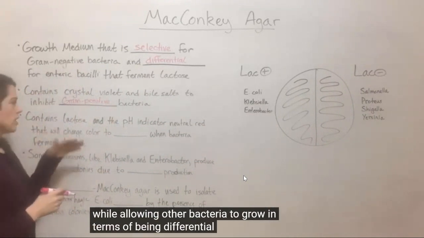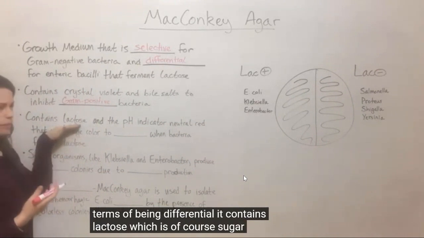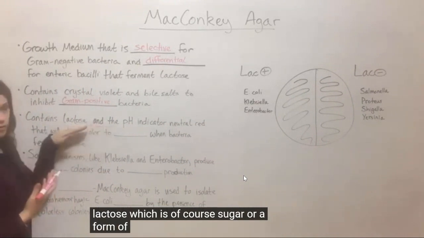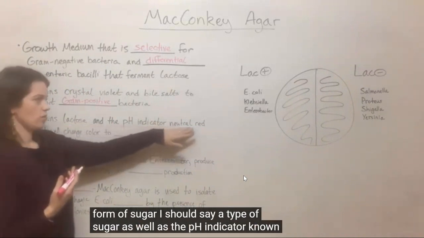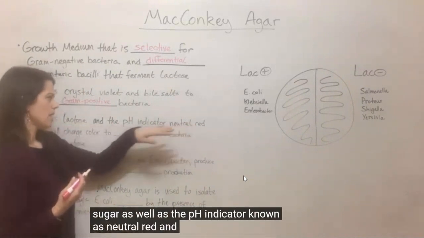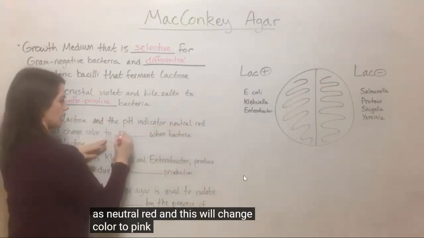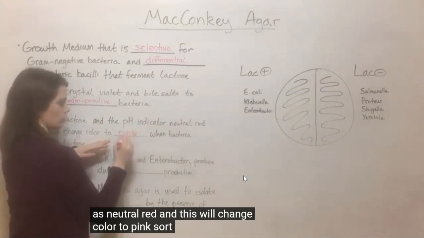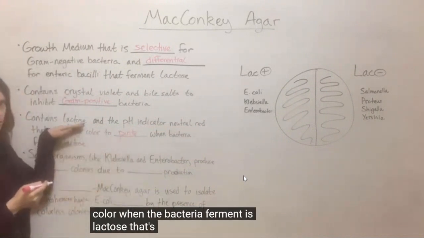In terms of the differential, it contains lactose, which is, of course, a type of sugar, as well as the pH indicator known as neutral red. And this will change color to pink, sort of a reddish pink color, when the bacteria ferment this lactose that's present.